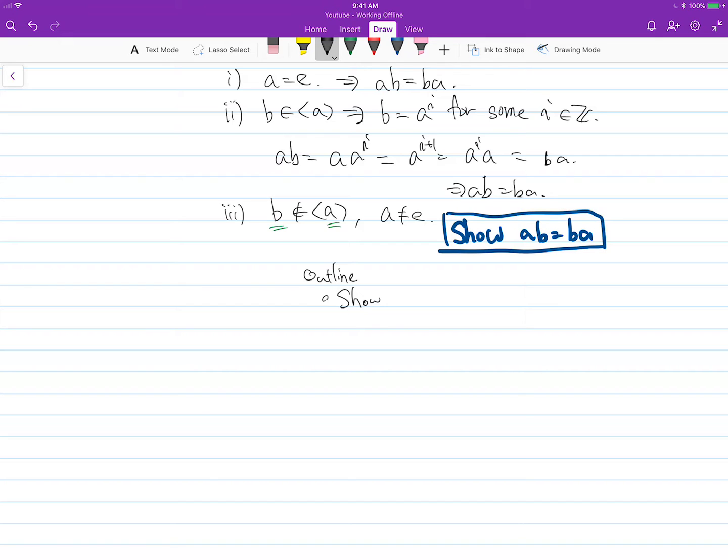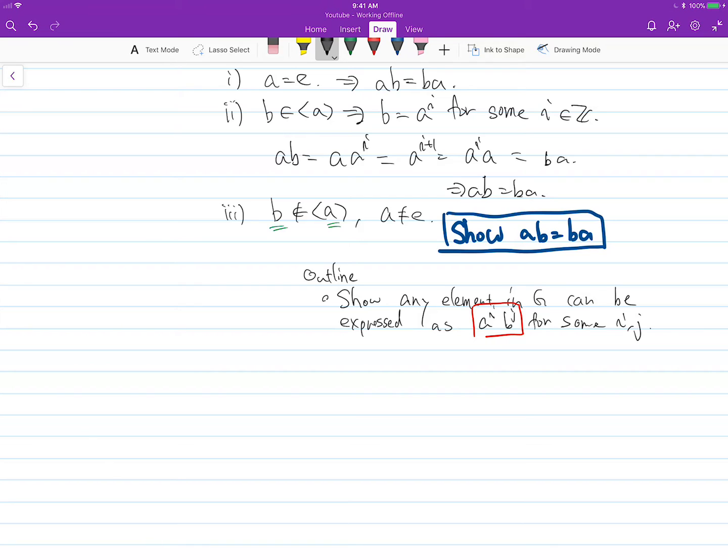Show that any element can be expressed as A^i B^j for some i and j. So this is the key, A^i B^j.